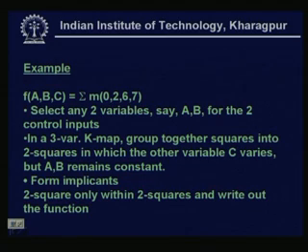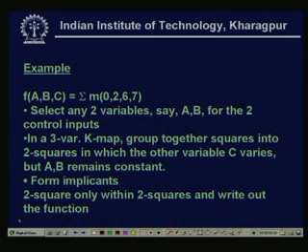So, for the same example, if we see the general design rule, what we will be doing is we take a 3 variable function 0, 2, 6, 7, then select any 2 variables a b for the 2 control inputs. Earlier I had taken the 3 variables as the control inputs. Now, in a 3 variable Karnaugh map, group together squares into 2 squares in which the other variable c varies, but a b remains constant. So, form the implicants of 2 squares only and write out the function.